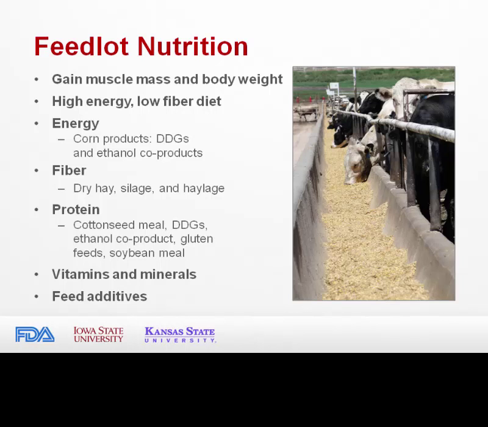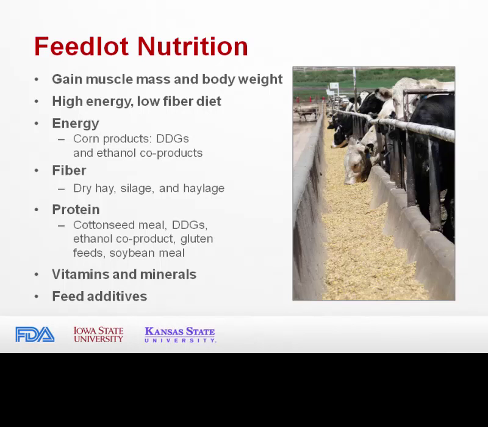A cow-calf operation feeds a high-fiber diet, whereas a feedlot diet tends to be more energy-dense in order to increase muscle mass and intermuscular fat or marbling. Regardless of production stage, the nutrients needed by all cattle are the same. It is the amounts required and the sources of the nutrients that will vary.